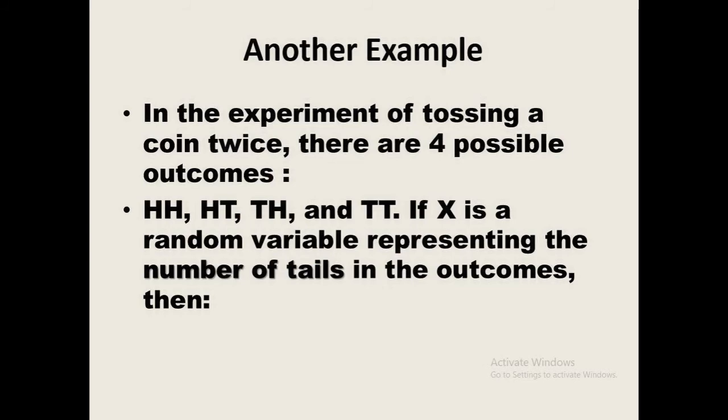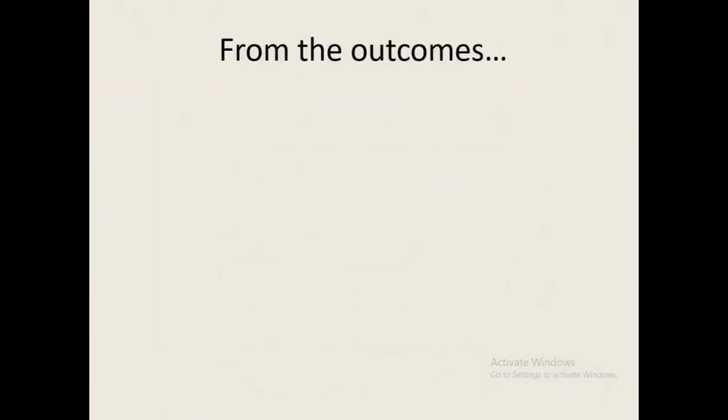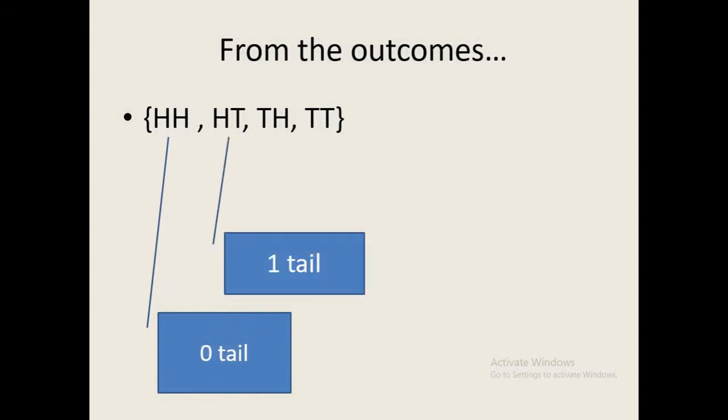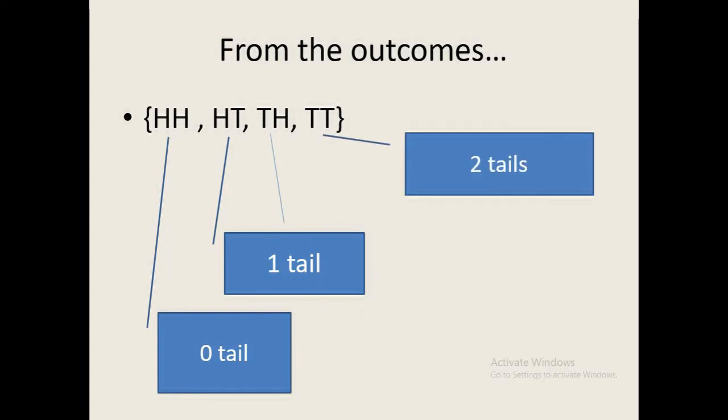If x is a random variable representing the number of tails in the outcomes, then x is equal to 0, 1, and 2. From the outcomes, HH means 0 tail, HT means 1 tail, TH means 1 tail, and TT means 2 tails.